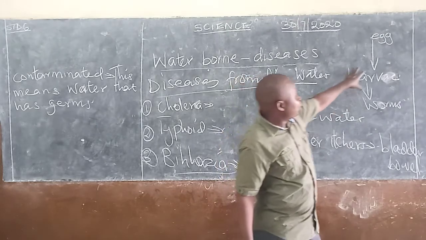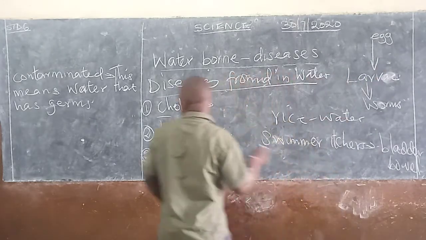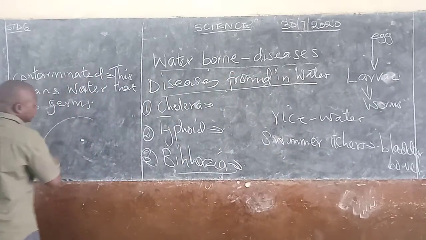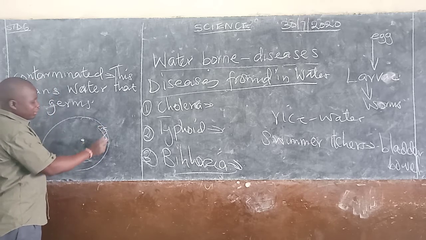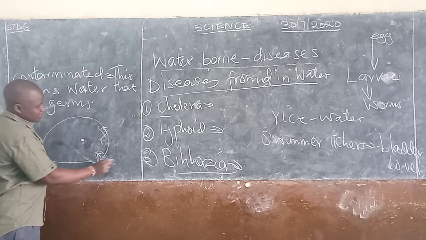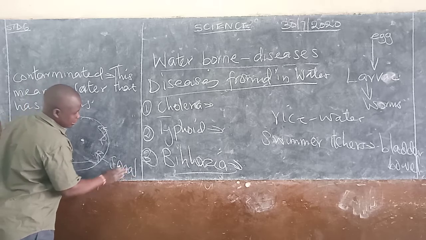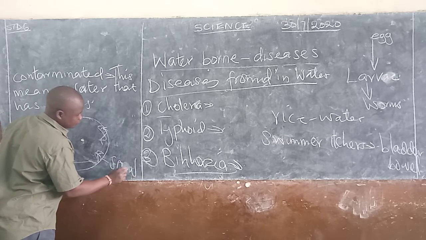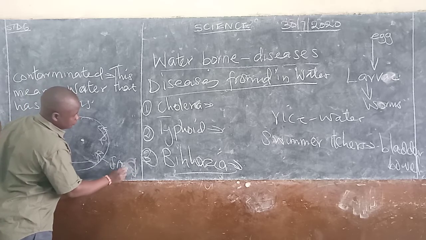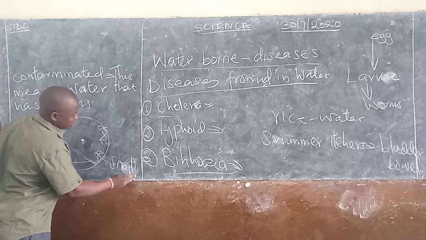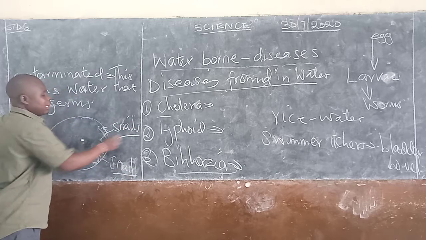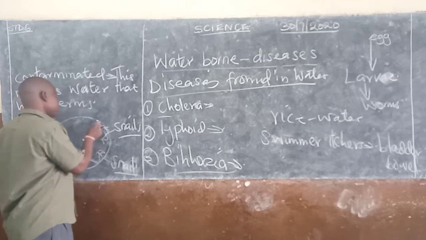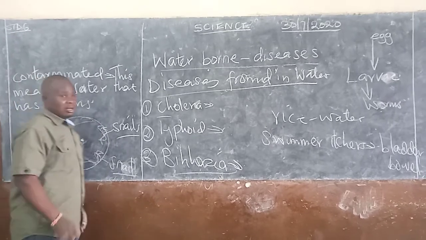So if there is stagnant water here, and we have the freshwater snail, these are snails. So these snails, please try to kill them with chemicals.